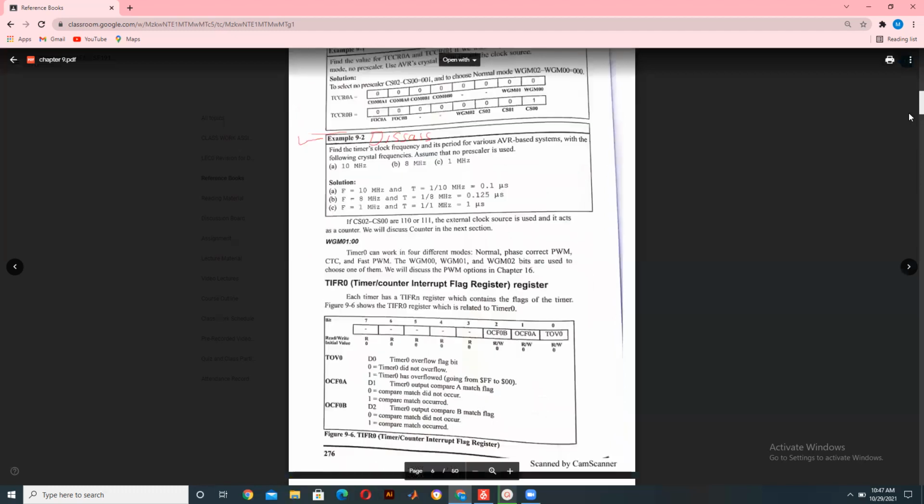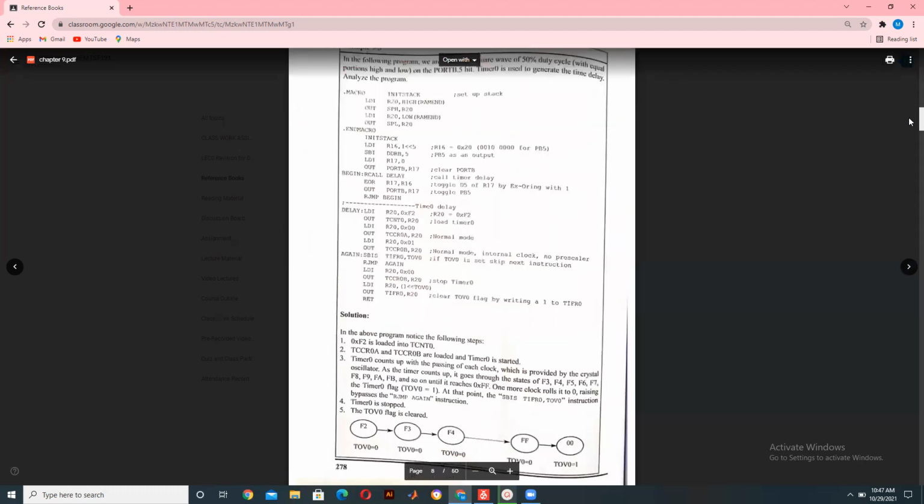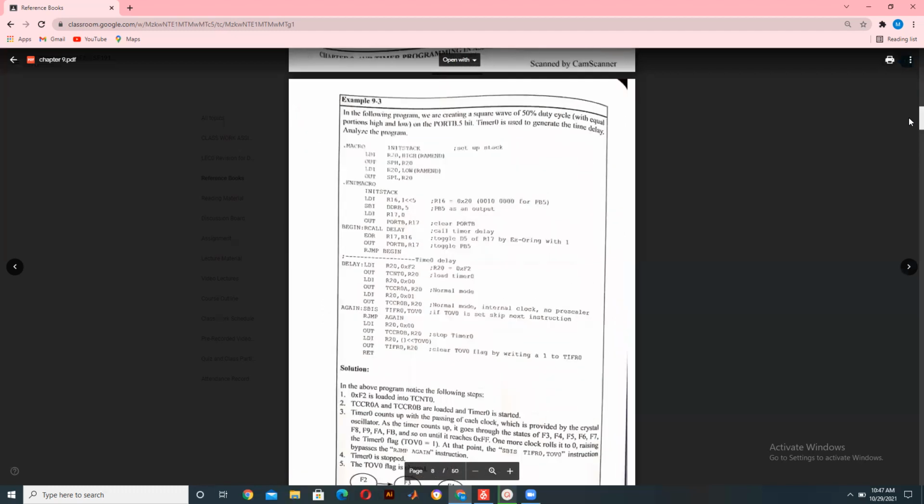After this, our third example is really large and it has a solution as well. In the following program, we are creating a square wave with a 50% duty cycle, with equal portions high and low on PORTB, and Timer 0 is used to generate the time delay.